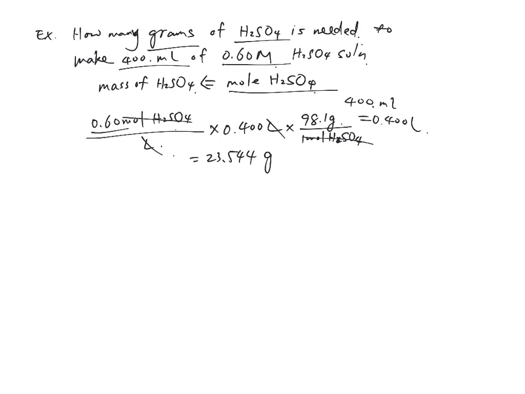But since you only have two sig figs, it's 24 grams of H2SO4 needed. So that means if you put enough water into 24 grams of H2SO4 and get 400 milliliters of solution, that solution's concentration of H2SO4 is going to be 0.60 molar.